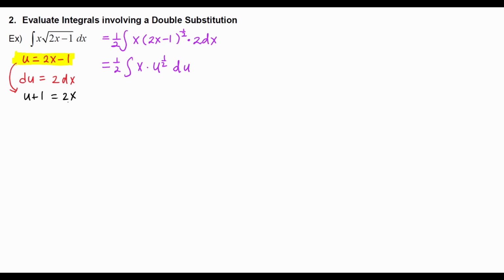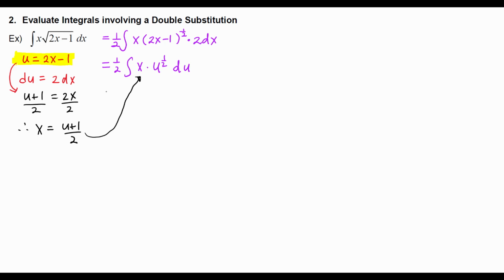I'm solving for x, so you need to divide both sides by 2, so that your x then is equal to u plus 1 over 2, and now you are going to substitute this for your x, so this integral only consists of u expressions. Make sense? All right, so let's do that.